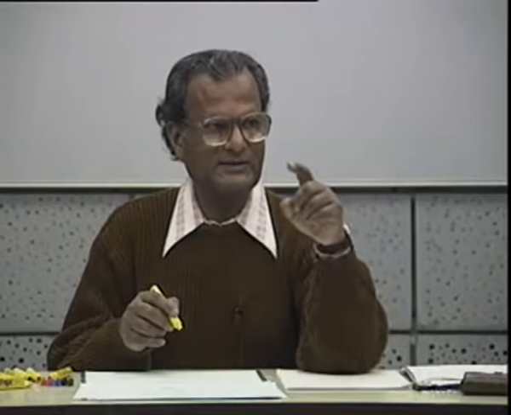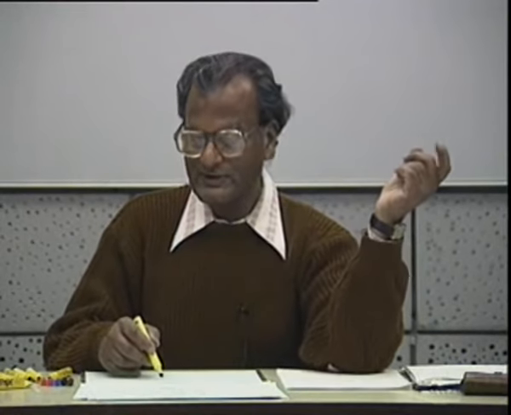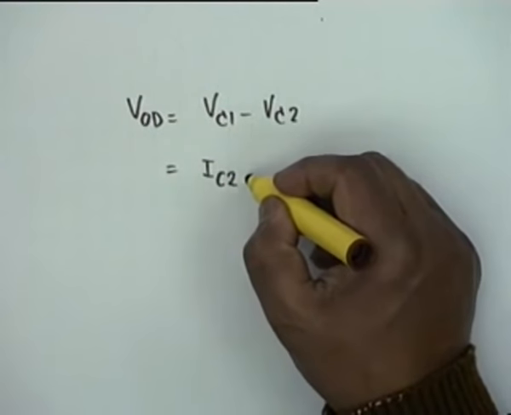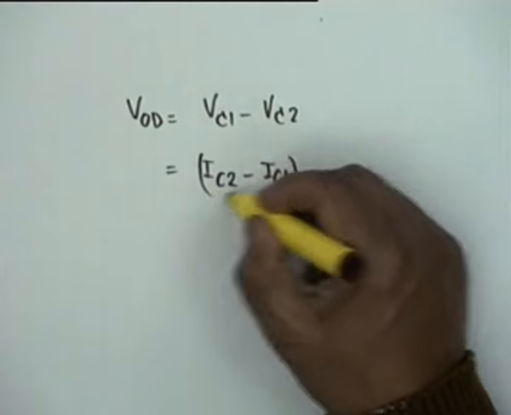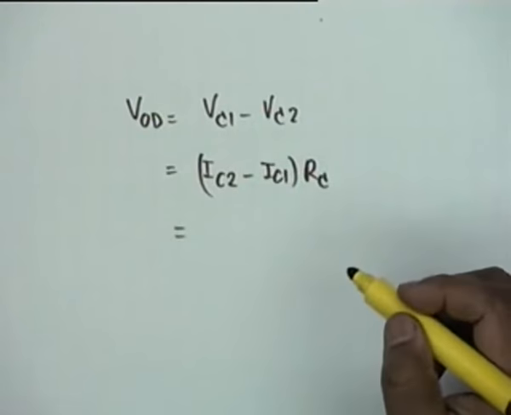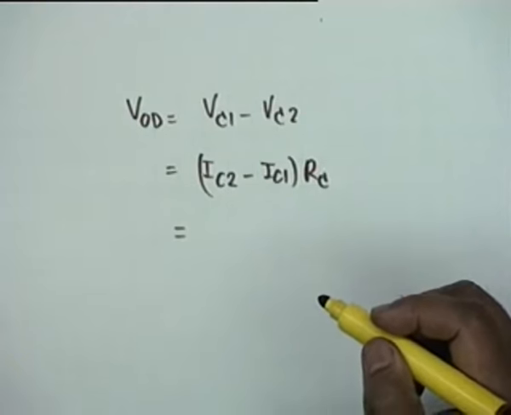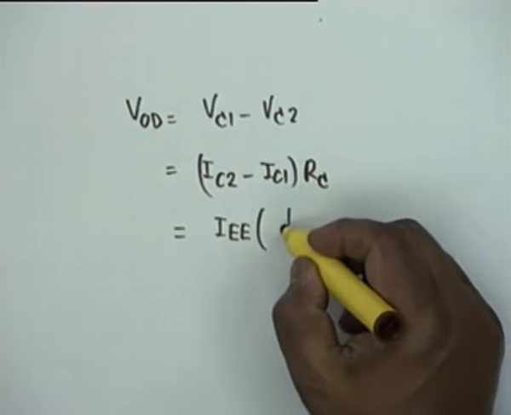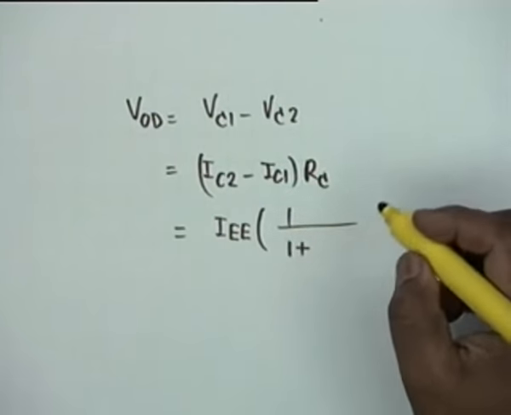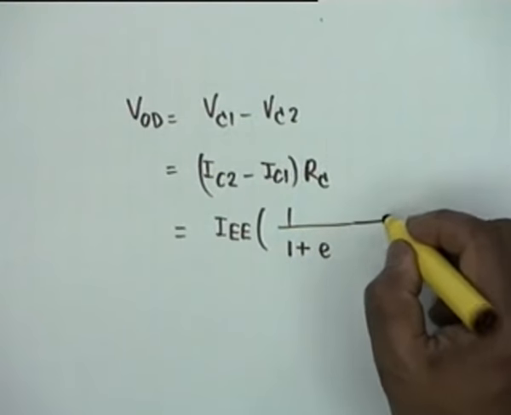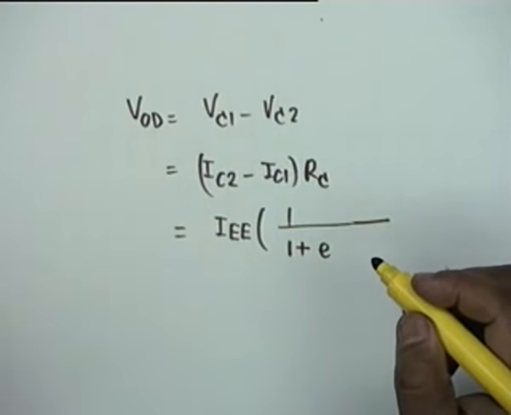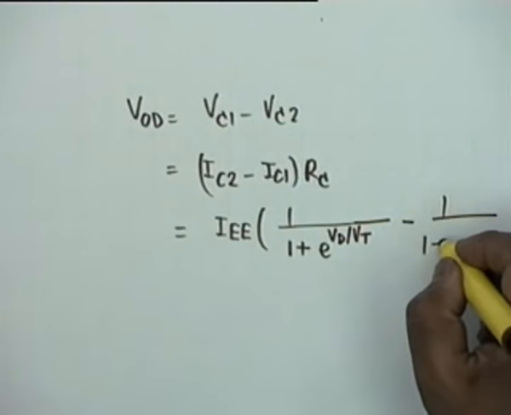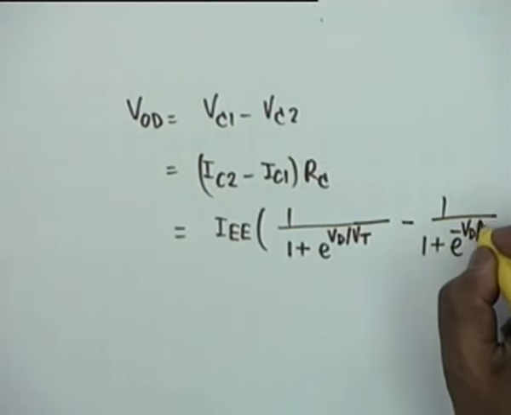VC1 is VCC minus IC1 times RC, VC2 is VCC minus IC2 times RC, so it will be IC2 minus IC1 times RC, and you substitute the values of IC2 and IC1 in this expression, then you get IEE times 1 by 1 plus e to the power plus Vd by Vt minus 1 over 1 plus e to the power minus Vd by Vt.